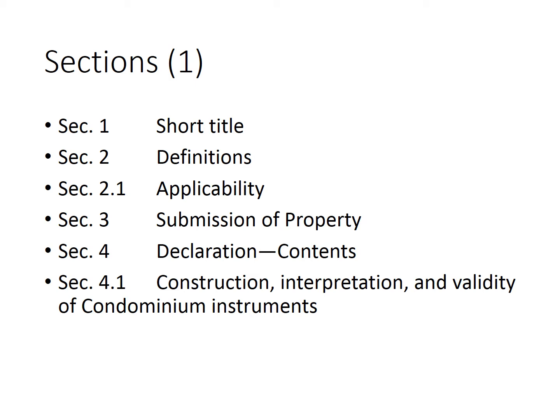Now, section 4.1, this is about the construction, interpretation, and validity of the instruments. This is where it explains, for example, how do we precisely delineate between the airspace, the unit, the individual interest, and the common elements.